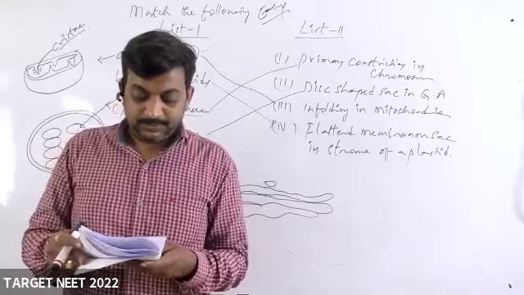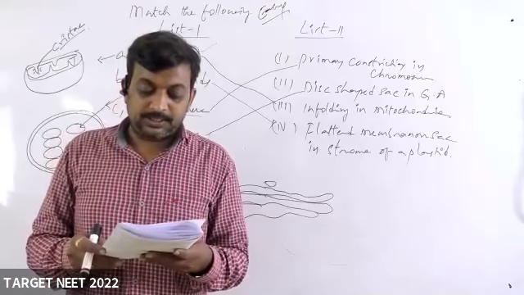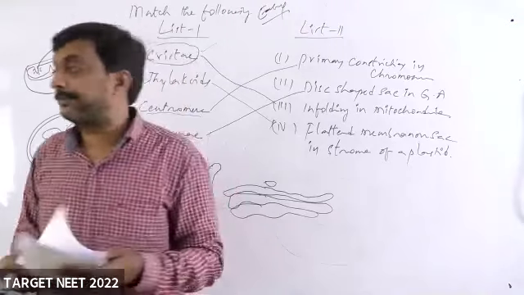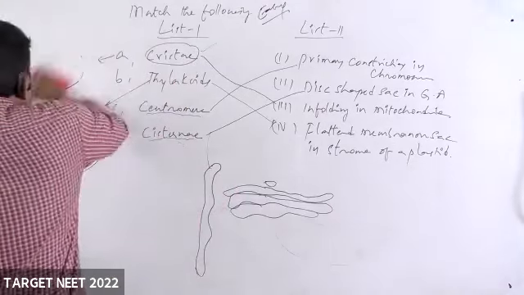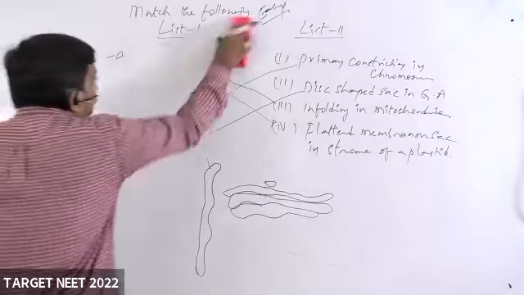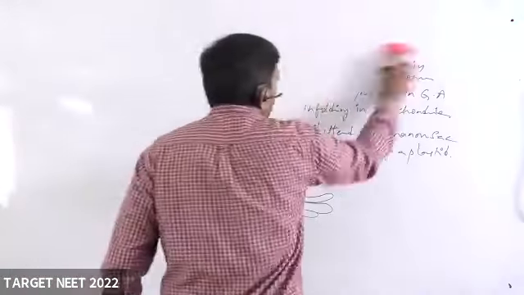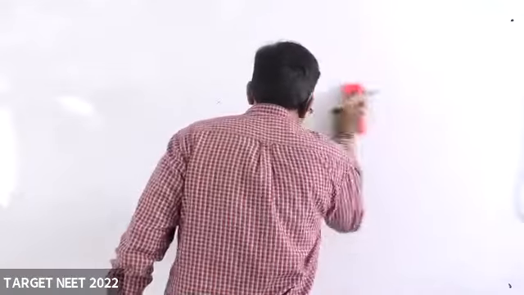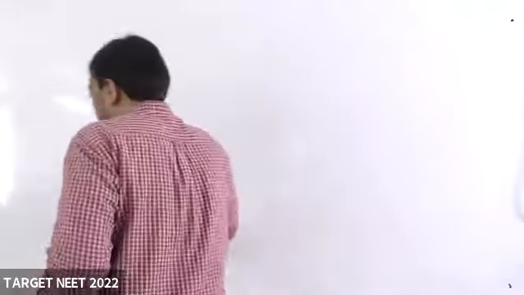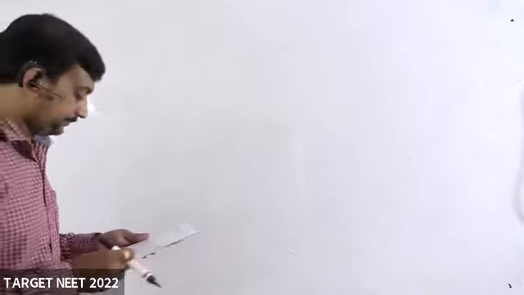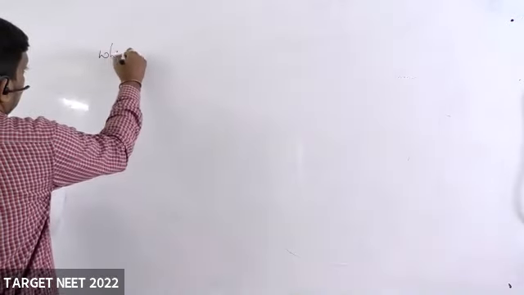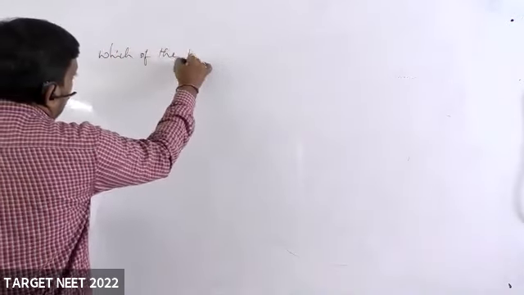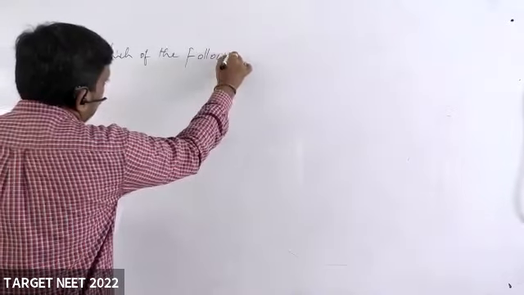Next. Which of the following stages of meiosis involves the division of the centromere? Another question related to the cell cycle and cell division.